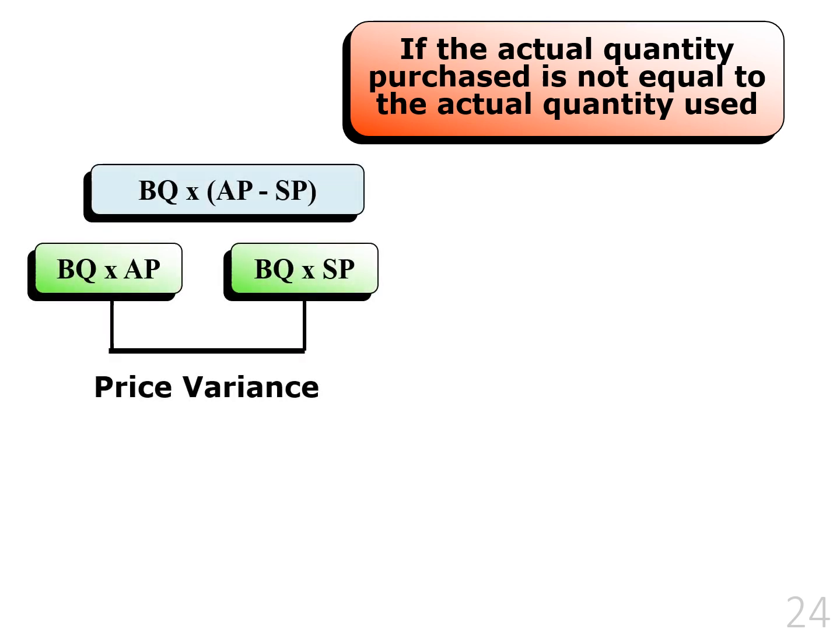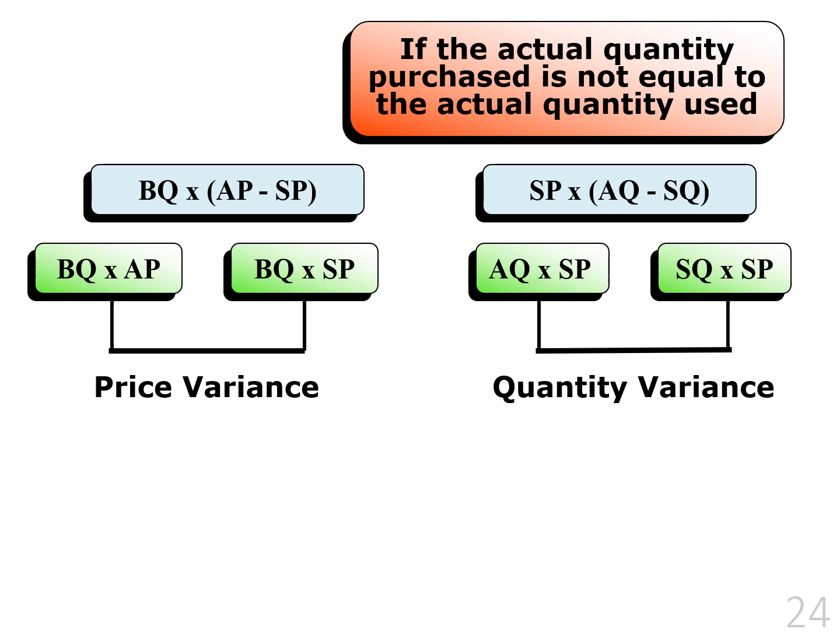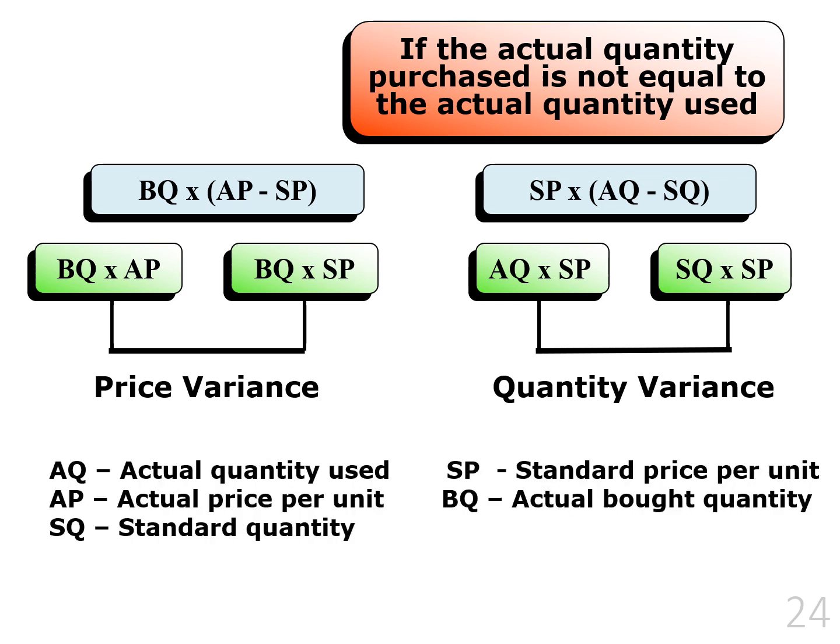Price variance equals BQ multiplied by AP minus SP, and quantity variance equals SP multiplied by AQ minus SQ, where AQ is actual quantity used, AP is actual price per unit, SQ is standard quantity, SP is standard price per unit, and BQ is actual bought quantity.